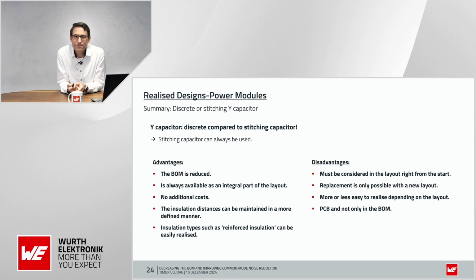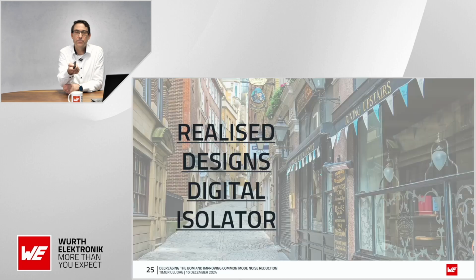Let's take a look. Especially for this last point, insulation types such as reinforced can be realized easily for our digital isolators, because here we have a reinforced and a basic isolation, and we saw that it also works pretty well.